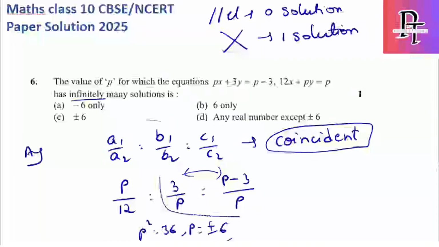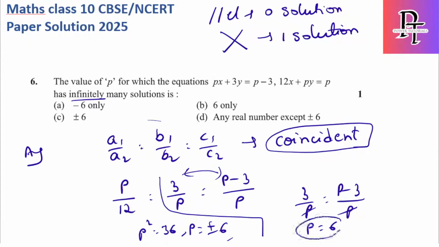So let's check this condition. 3 by P is equal to P minus 3 by P. P gets cancelled out, so I will get P value as 3 plus 3, which is 6. Here if I keep P as minus 6, then this condition will not be satisfied. But all three should be satisfied. A1 by A2 should be equal to B1 by B2 should be equal to C1 by C2. Hence P should only be 6.